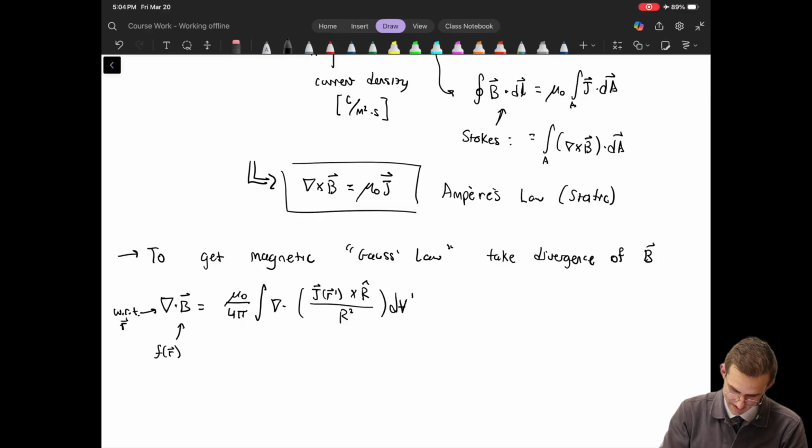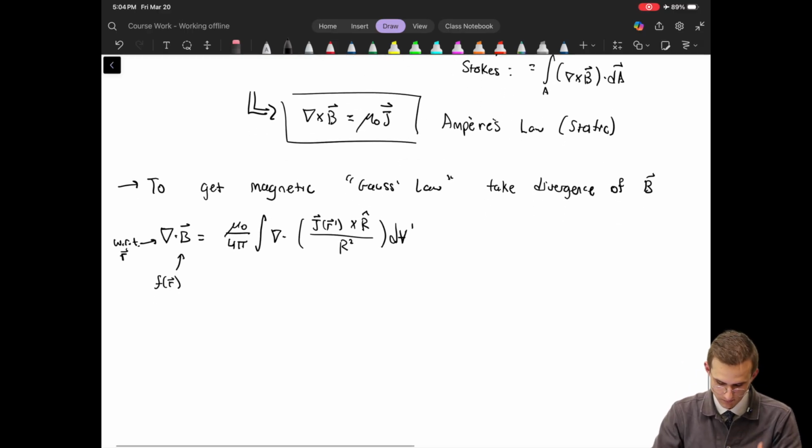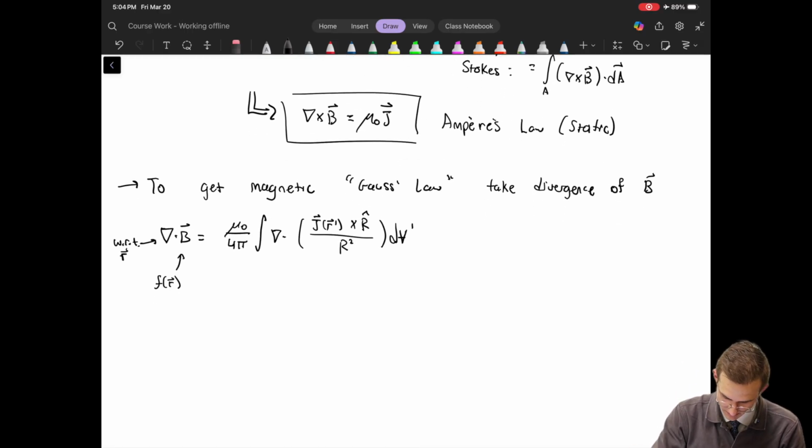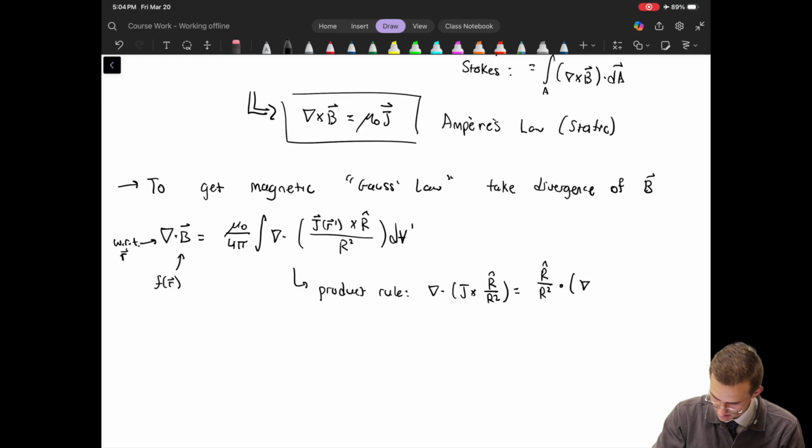And this is where we're going to use that special product rule. The divergence of J cross R hat over R squared is going to be equal to R hat over R squared dotted with the curl of J of R prime.